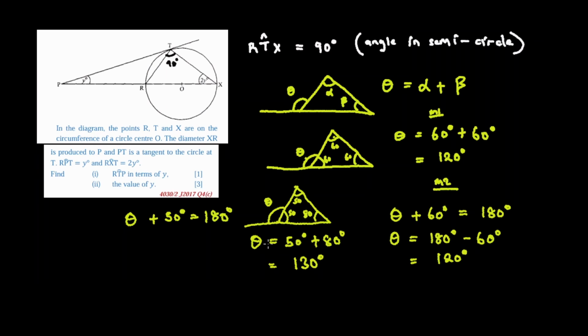Why is it so? Because my angle is on a straight line. Mukasoti theta is equal to 180 degrees subtracting 50 degrees, you are going to see 180 minus 50 still gives us 130. Saka that is an important principle.